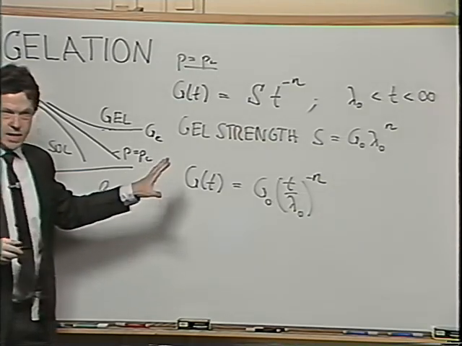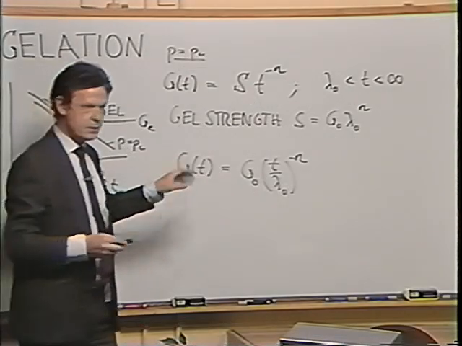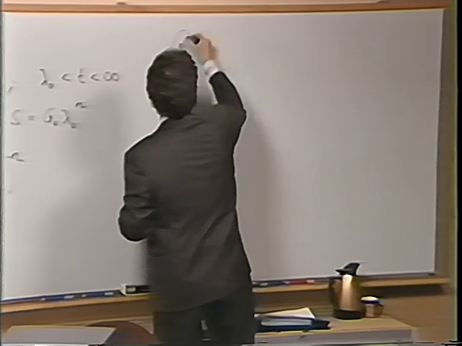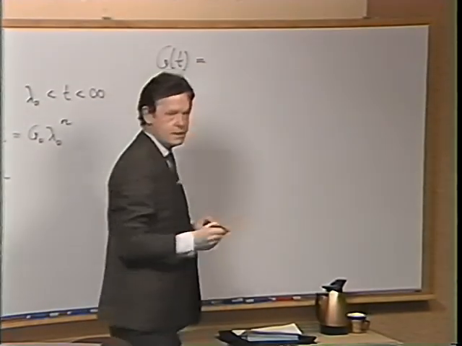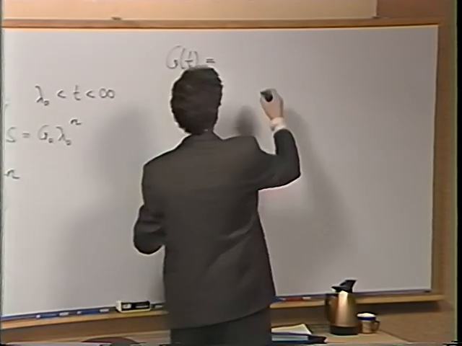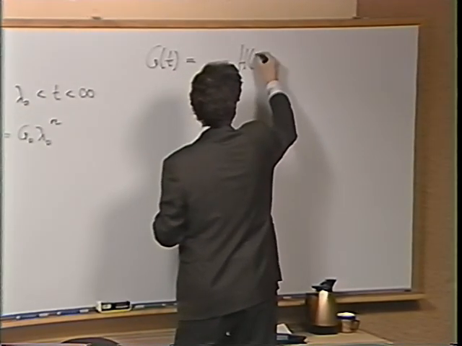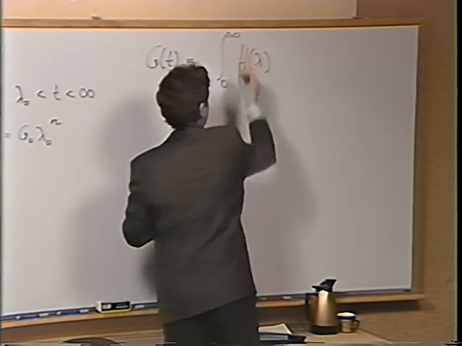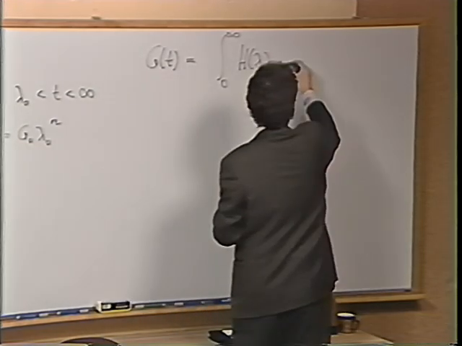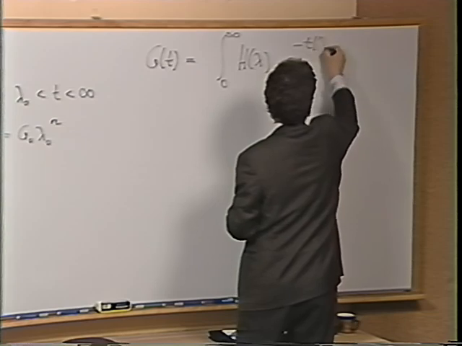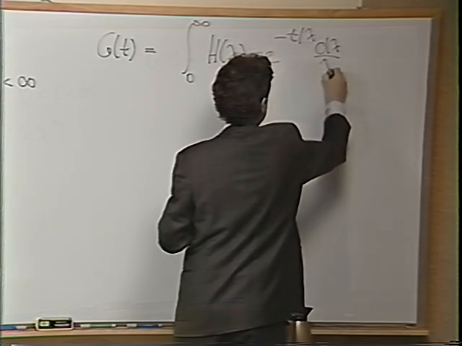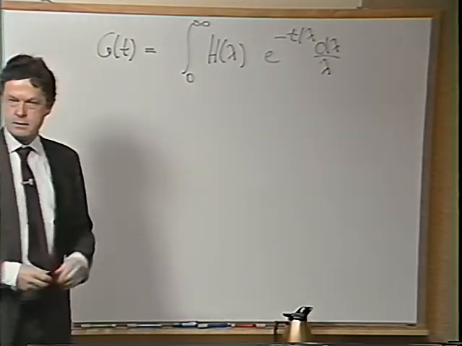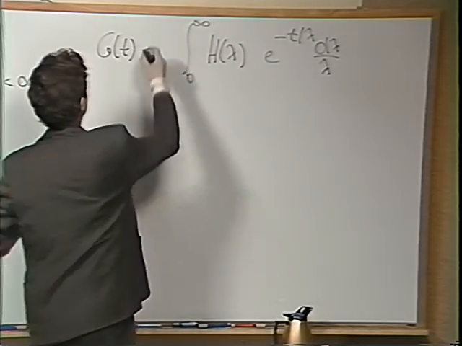Now, from this, I would like to calculate the relaxation spectrum with you. And to do that, we look at the definition of the relaxation spectrum. The relaxation time spectrum gives us the modulus. So if you have a relaxation time spectrum integrated from 0 to infinity over all times, times e to the minus t over lambda, d lambda over lambda, then, well, this is just a definition.